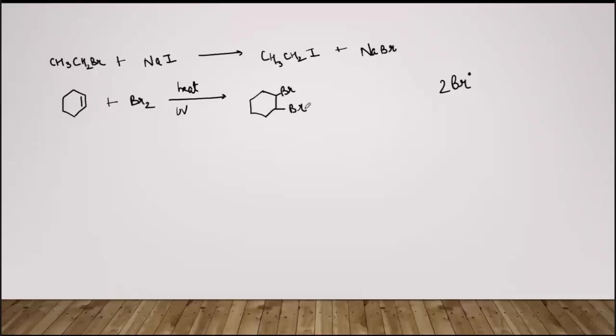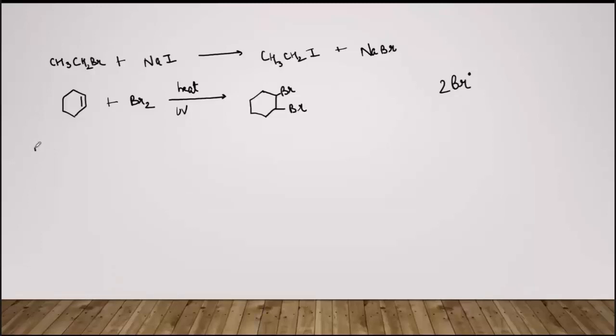Fine. So these were a few examples, and then there is this question related to physical properties. We have been given a set of compounds and we have to arrange them in the order of increasing boiling point.